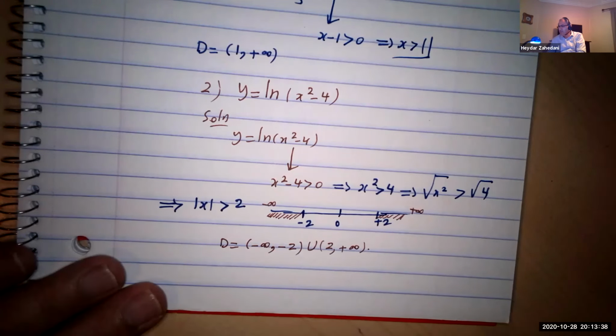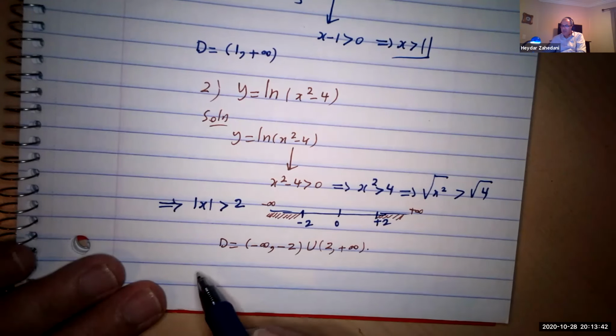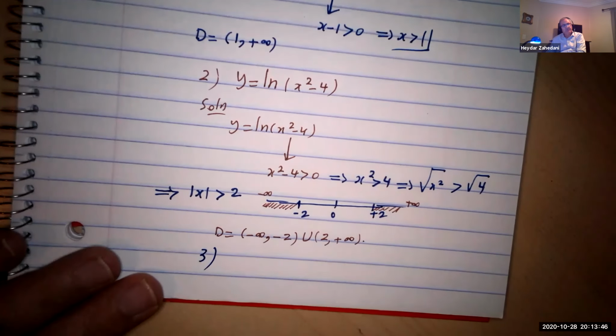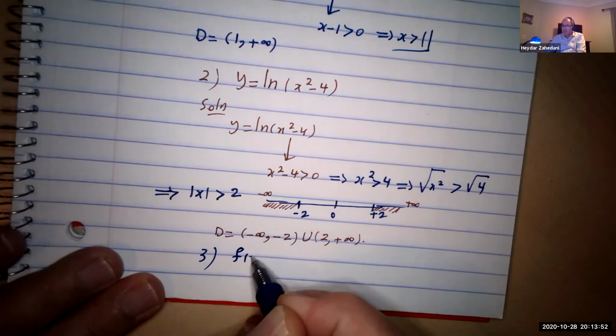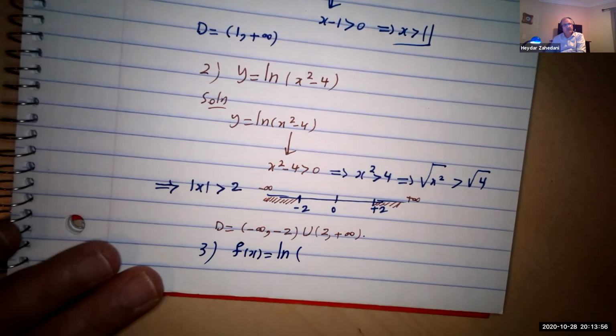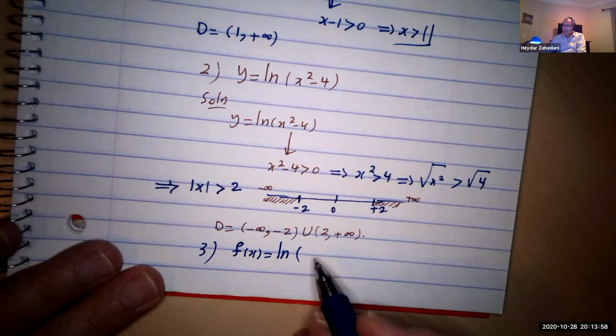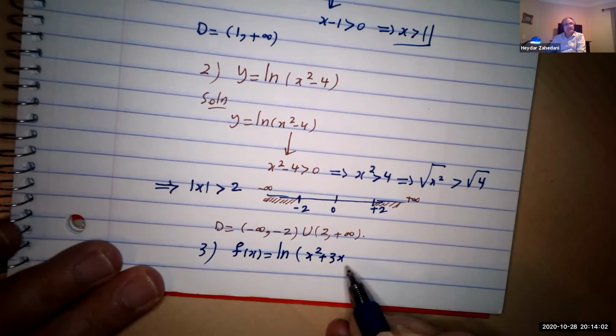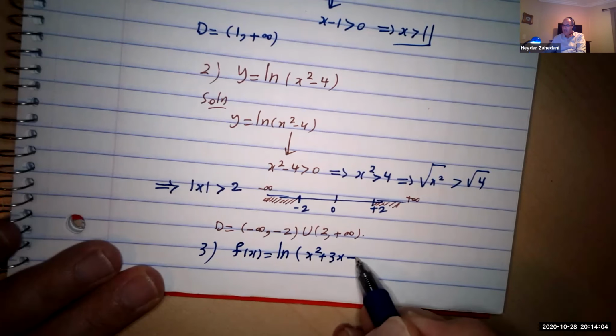Now, this next one, again, it's used in the application problem, so I just want to make sure you know it. There are a group of functions when you work with the ln function of this format. F of x is equal to ln of a quadratic form, something like x squared plus 3x plus 5.